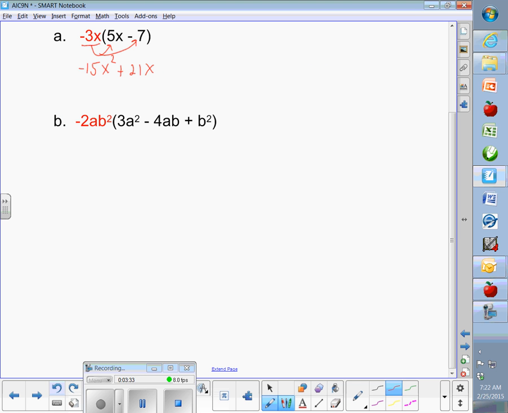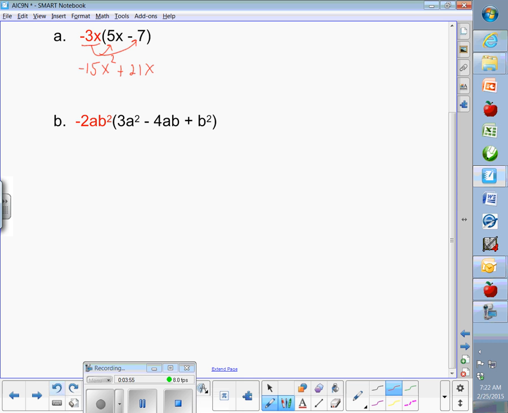All right. So again, if you want to do it on your own, go ahead and pause the video, and then you can turn it back on and see how we did it. All right, so we've got the situation negative 2ab squared. So a little bit more intricate monomial in front, right? And now this time we have a trinomial. So a monomial times a trinomial. No big deal, right? We're just going to distribute.